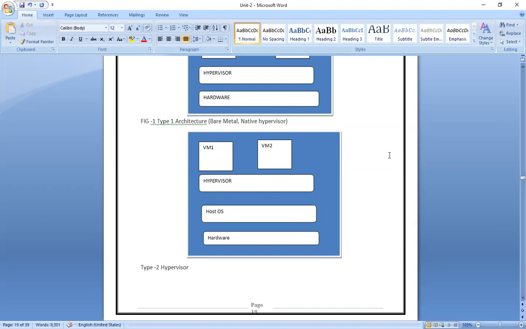So basically, it is software installed on the operating system, and the hypervisor asks the operating system to make hardware calls.